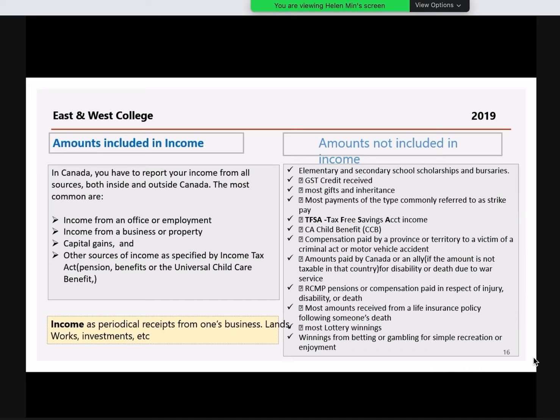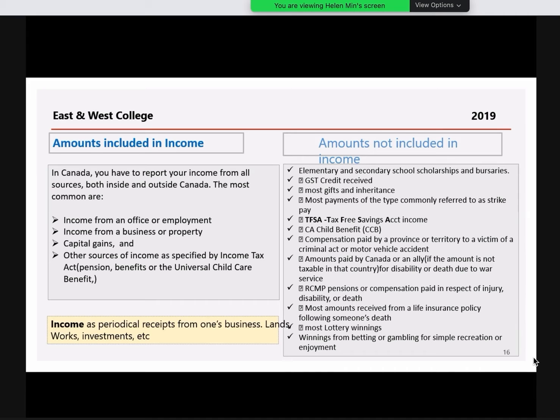If you put TFSA money into a GIC, it produces interest, or if you use TFSA money to purchase stock, you make a capital gain. The income from that is tax free. But if you are using a checking account, then that is investment income, so you need to pay the tax.